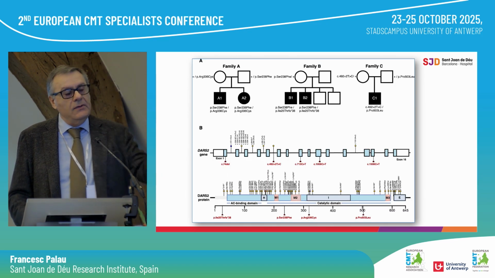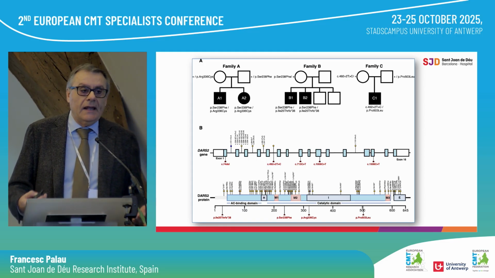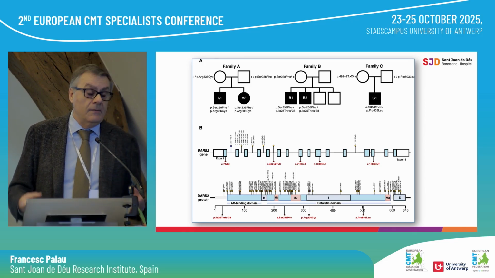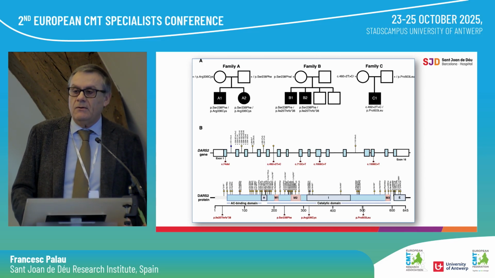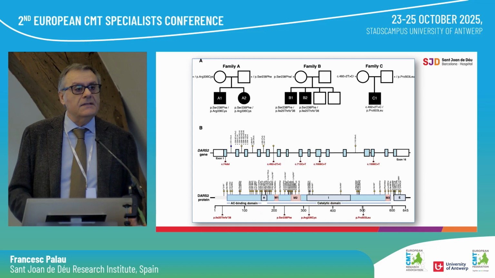So this is now the idea that DARS2 is a gene related to another clinical phenotype, a leukoencephalopathy involving brain stem and spinal cord, and associated with increased lactate. The phenotype in these patients usually affects the central nervous system.